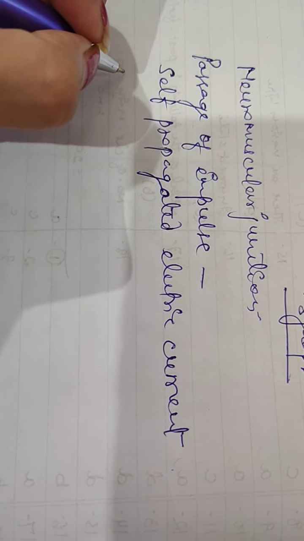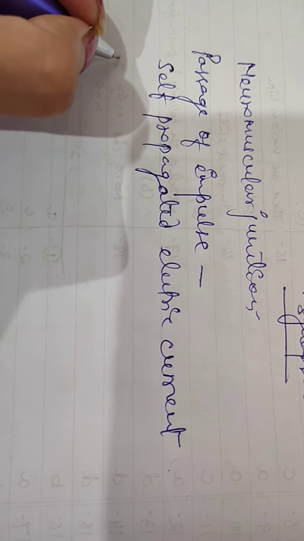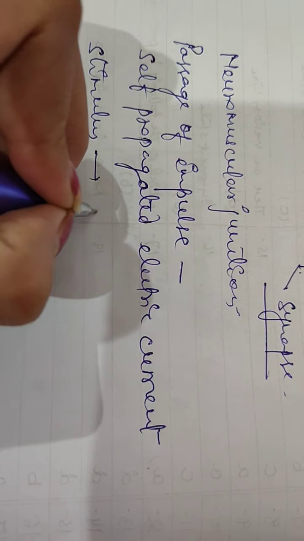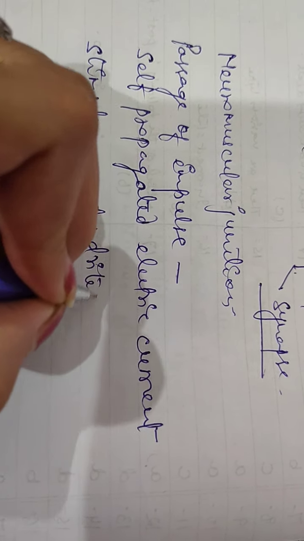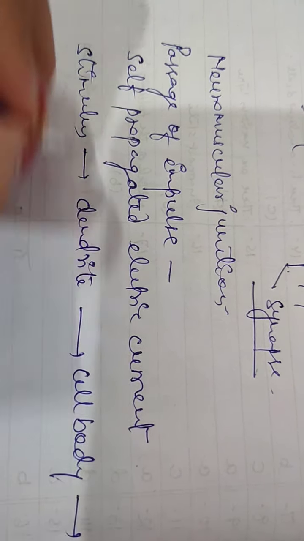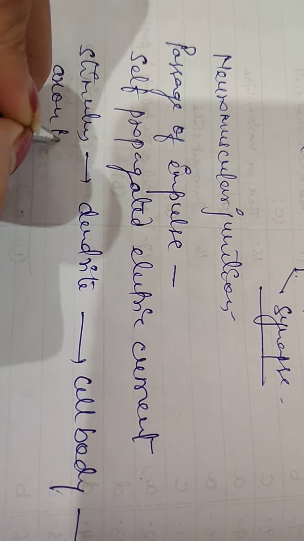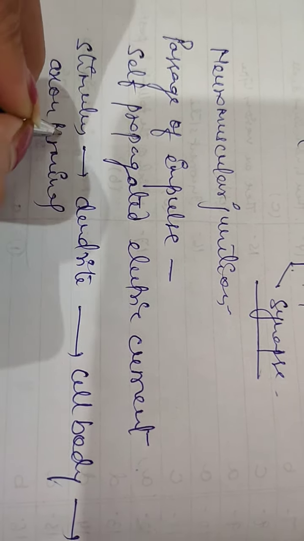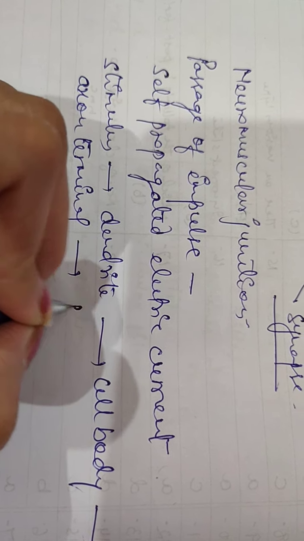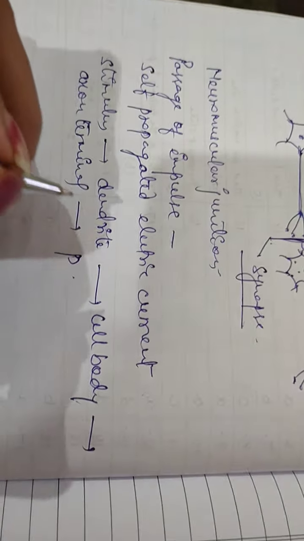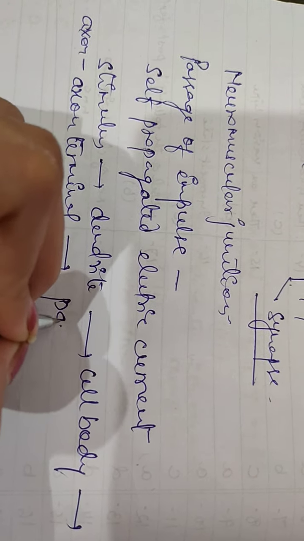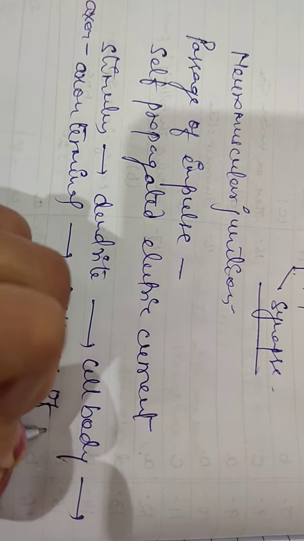So you can say the pathway is like stimulus, dendrite, cell body, axon, then axon terminal, then passage of impulse.